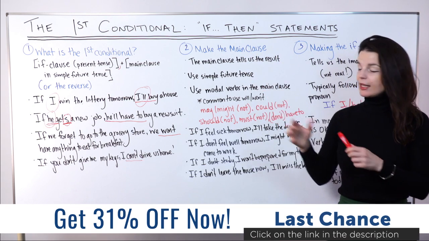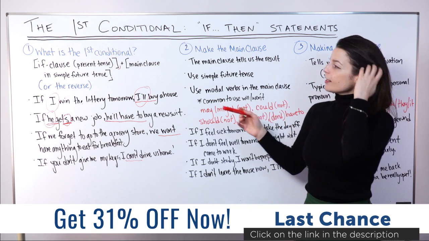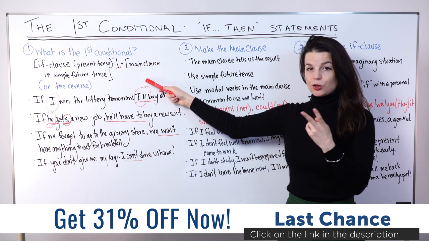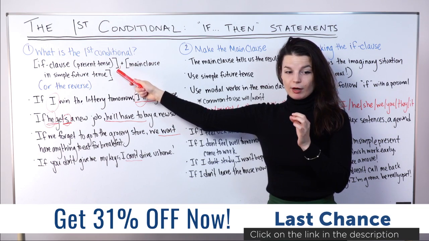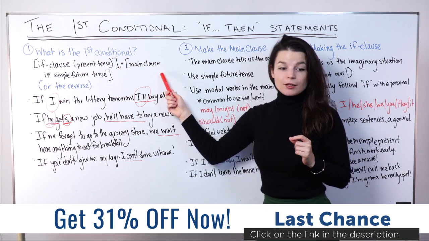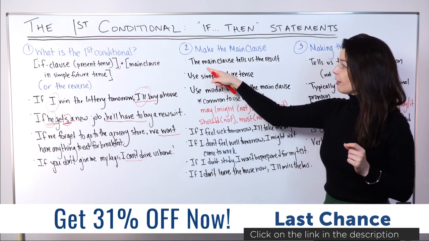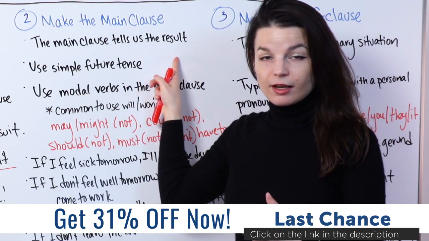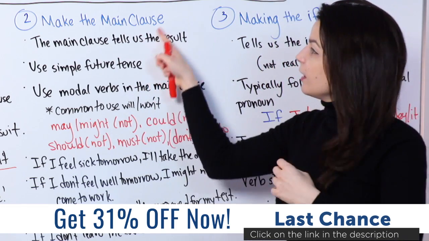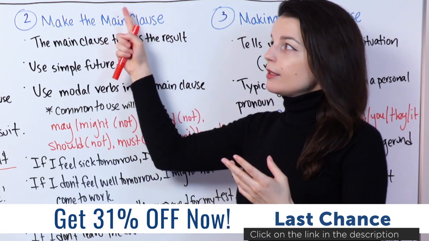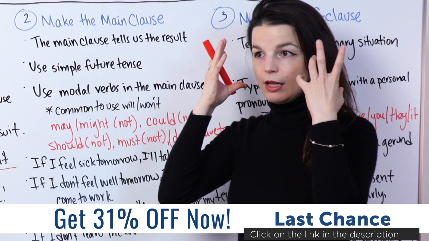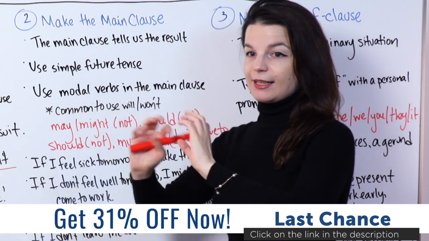So I explained in the first part of today's lesson, these if-then statements have two parts: an if part, which uses the word if, and a main clause. So the main clause tells us or gives us information about the result. We use this if-then grammar to imagine a situation, and then the main clause gives us the end.